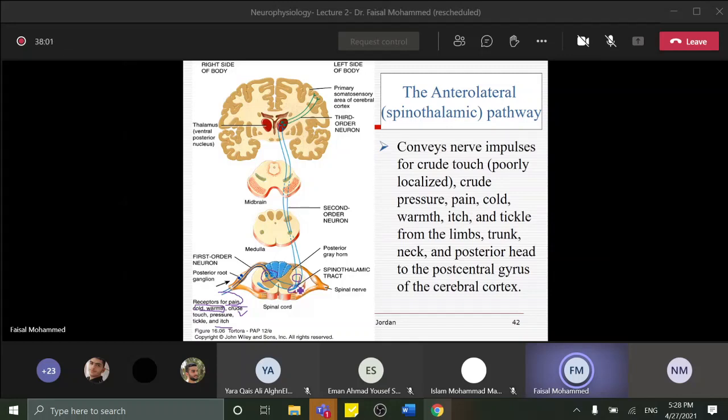That's what's called the anterior lateral spinothalamic pathway. It goes to the thalamus, the ventrobasal complex, then to the primary somatosensory cortex. So it conveys impulses that are poorly localized: crude touch, crude pressure, pain, cold and warmth, itching, and sexual sensation from limbs, trunk, and neck. Okay?